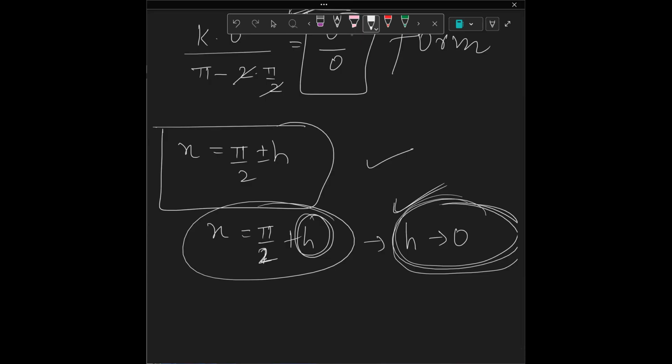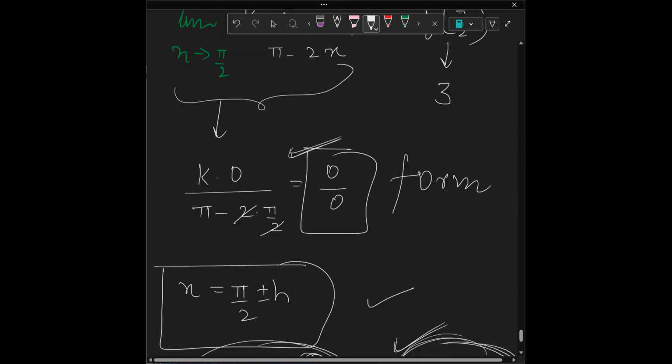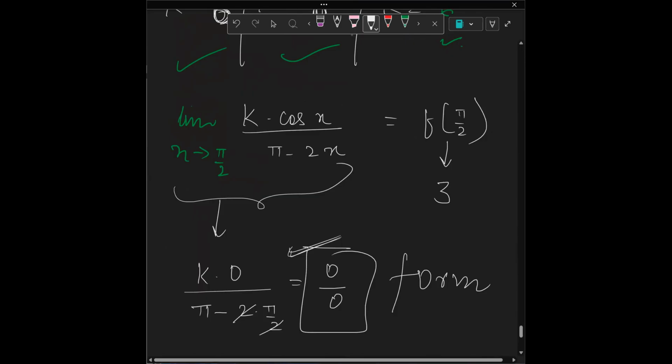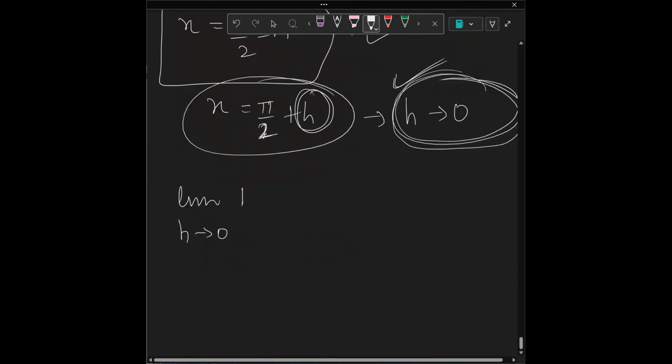So now you have to just simply solve this limit as well. इसको सॉल्व करके देखते कैसे होगा. Limit h tending to 0, and what's your function? The function was k cos x over pi minus 2x. K cos x.